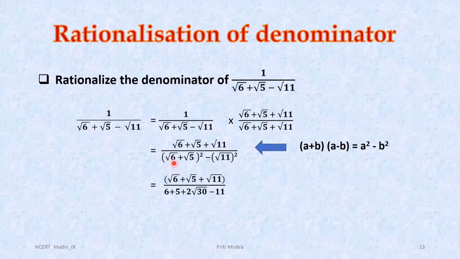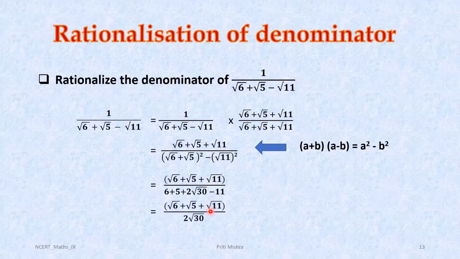Here again we have applied the identity a plus b whole square. It will give us root 6 whole square plus root 5 whole square plus 2 into root 6 into root 5. And root 11 whole square will be 11 only.